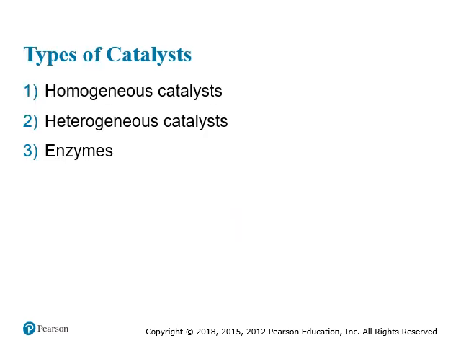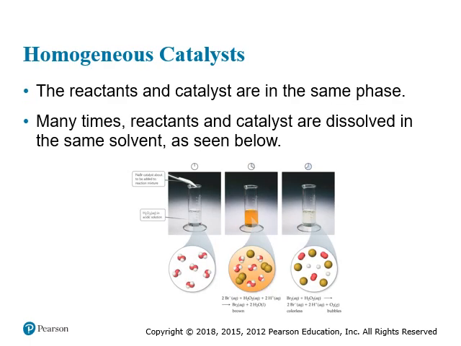Three common types of catalysts include homogeneous catalysts, heterogeneous catalysts, and enzymes. The term homogeneous tends to suggest one phase or the same origin, same phase. So a homogeneous catalyst is in the same phase as the reactants.